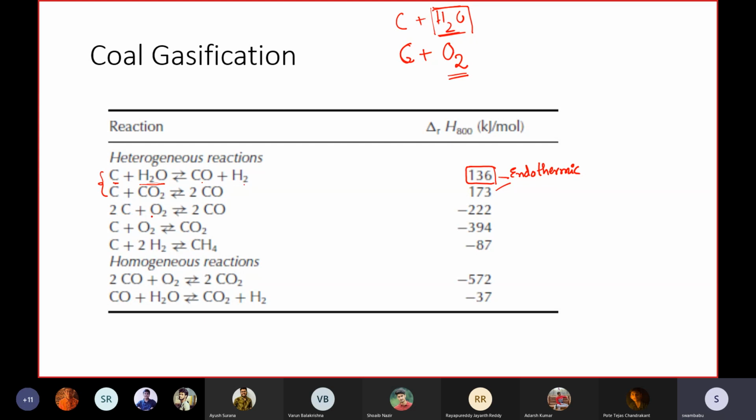If we do coal gasification in the presence of oxygen, the carbon reacts with oxygen and produces carbon monoxide, and carbon reacts with oxygen and produces CO2. It can also produce methane, and these are all exothermic reactions.